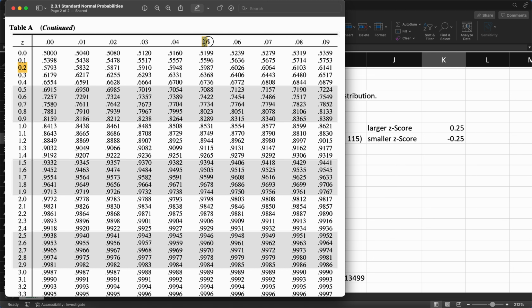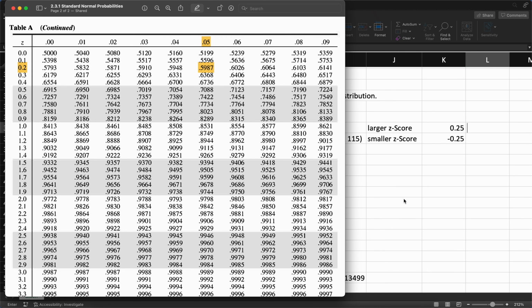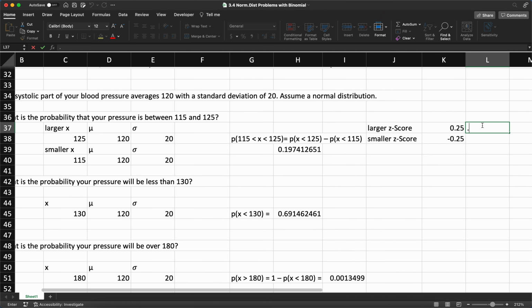So that's here. So we're going to look at 0.25, which is this value right here. And we get that the area under the curve here was 0.5987. Now that's the area all the way below that value.